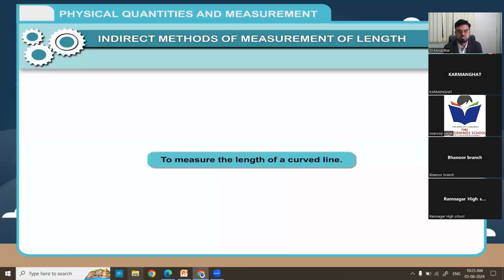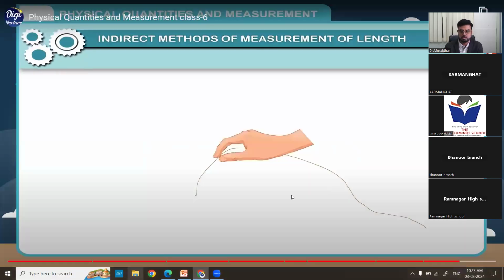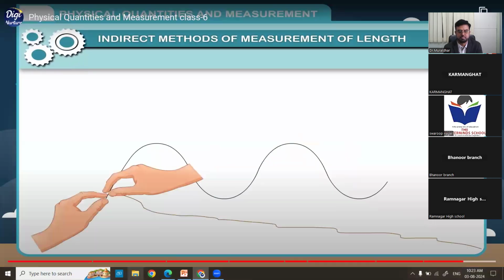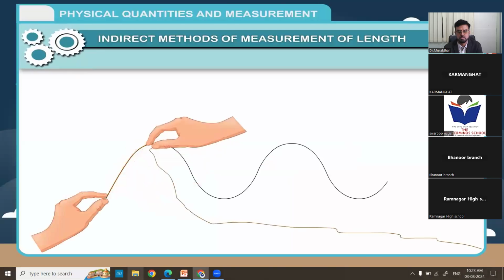Activity: to measure the length of a curved line. Take a thread and tie a knot on one end. To measure the length of a given curved line, place the knot of the thread at one end of the line. Now, move the thread along the length of the curved line carefully. Hold the thread at small distances between your thumb and first finger.